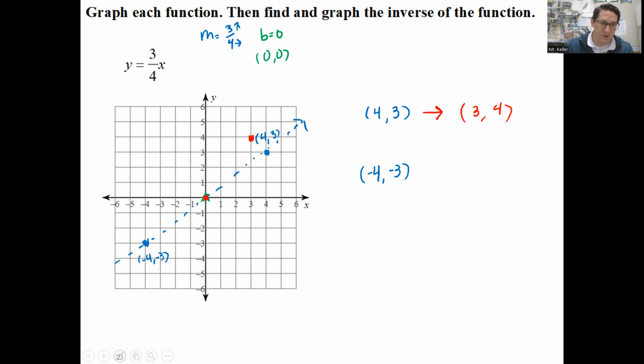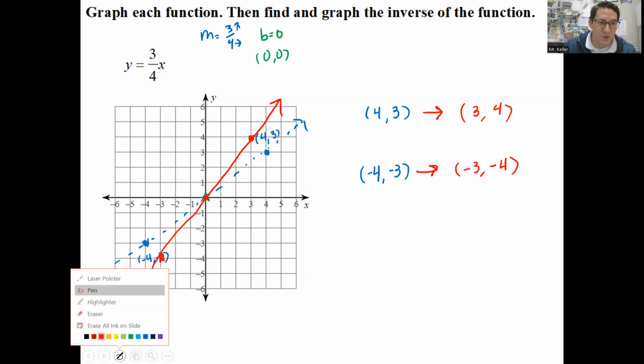The inverse, you just flip the x and y, is going to be at -3, -4. So I'm going to do -3, -4, cover that up, that's fine, and connect. There we go. So there is our inverse.